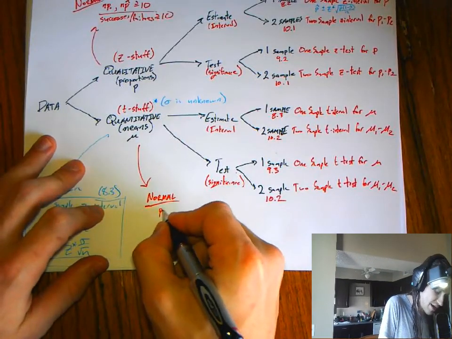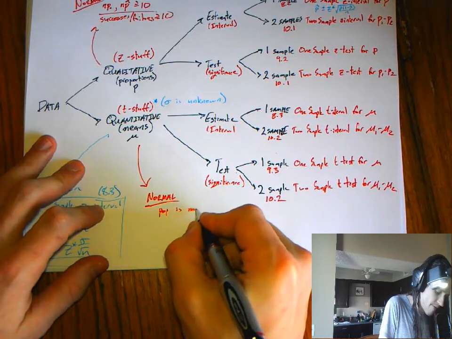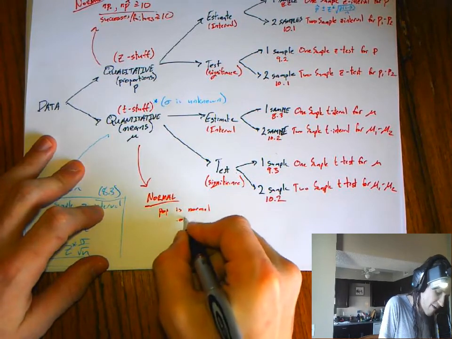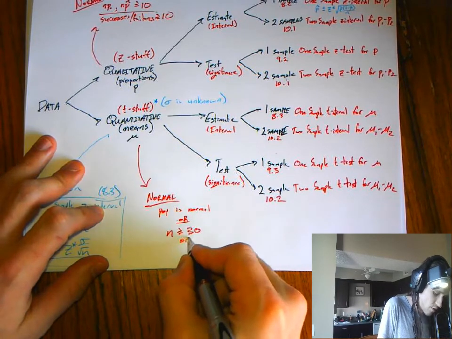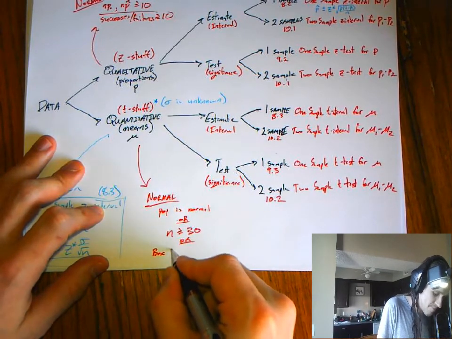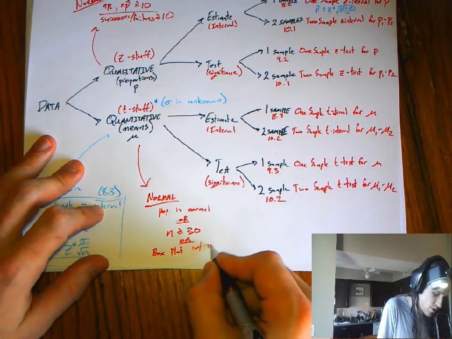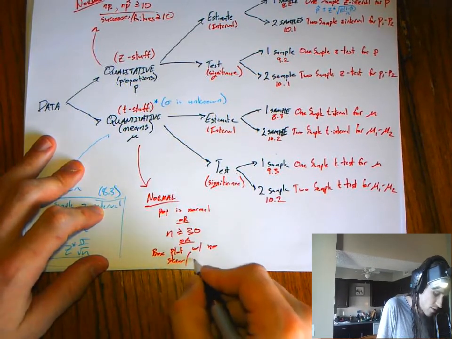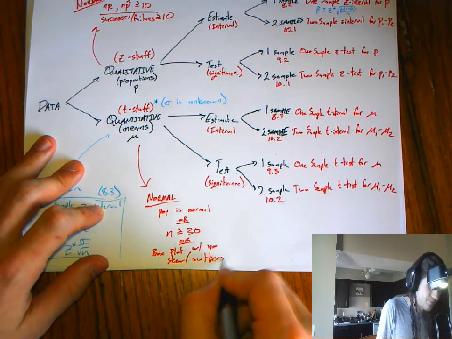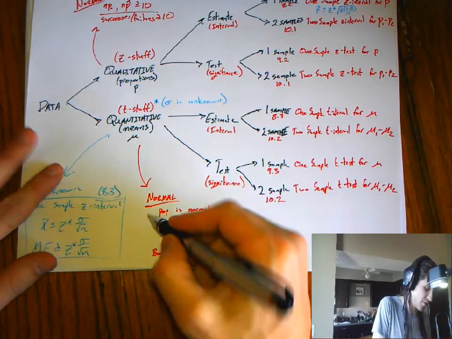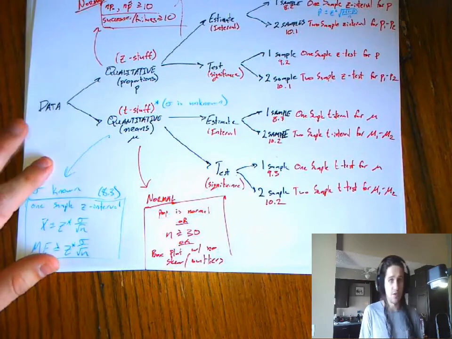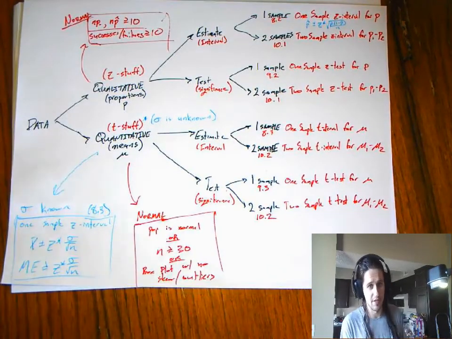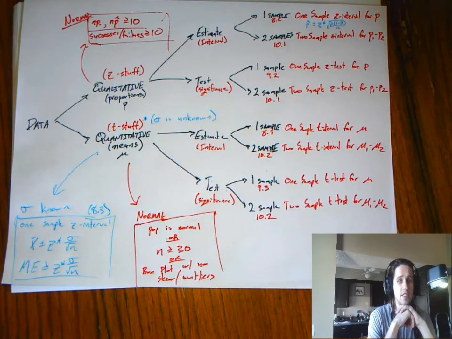You could either have the population is normal, or you could have the sample size being at least 30, or you could have a box plot with no skew or outliers. Three ways you can have normality. Again, that's one of the more commonly missed things on these tests.